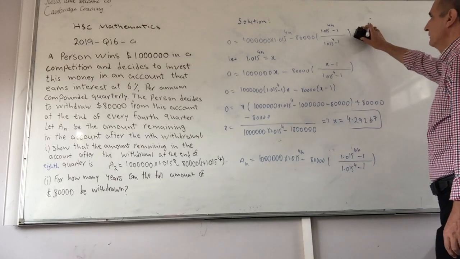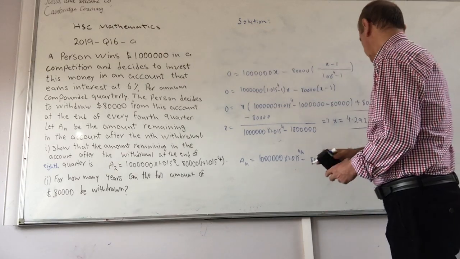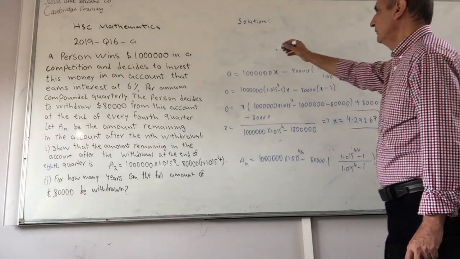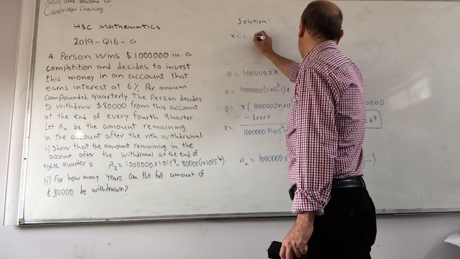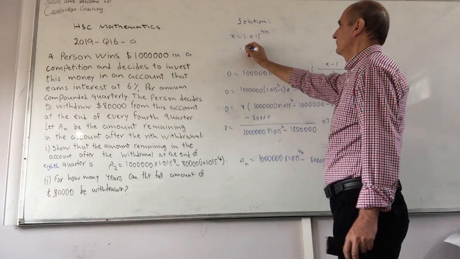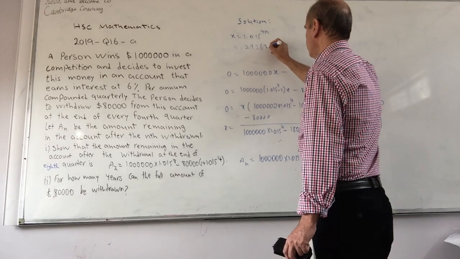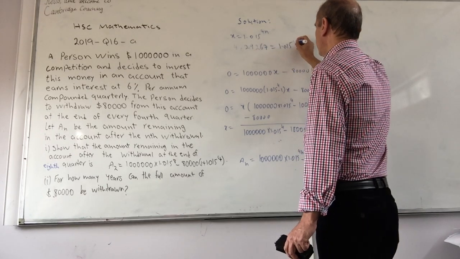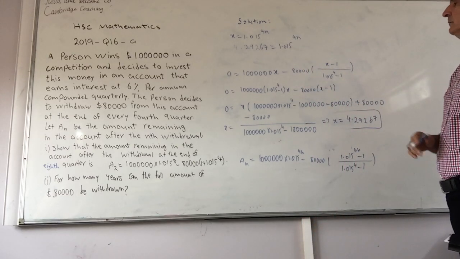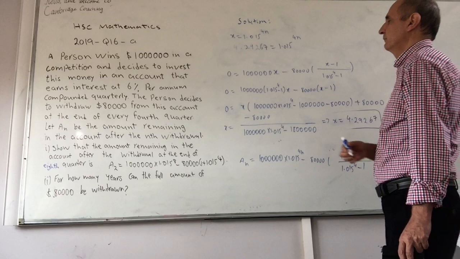But remember, x was 1.015 to the power of 4n, so 4.29267 is equal to 1.015 to the power of 4n. Now, to find the 4n here, we can take, for example, ln from both sides.